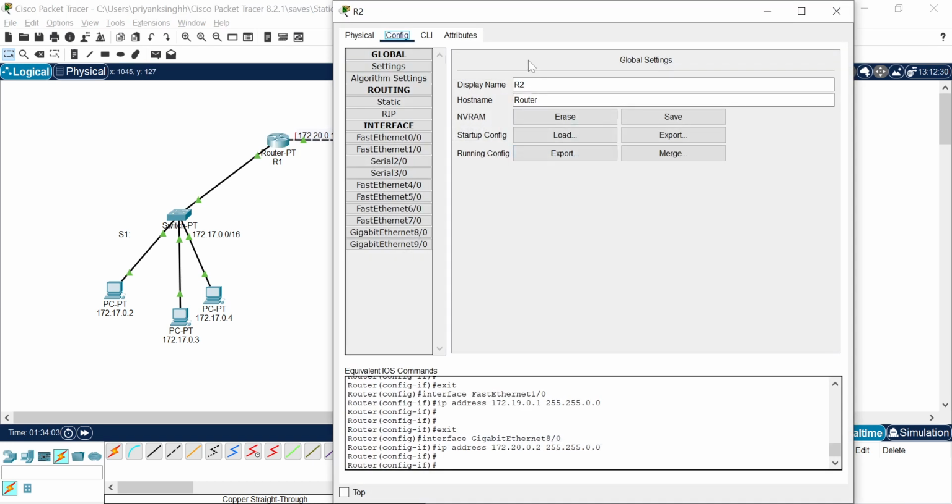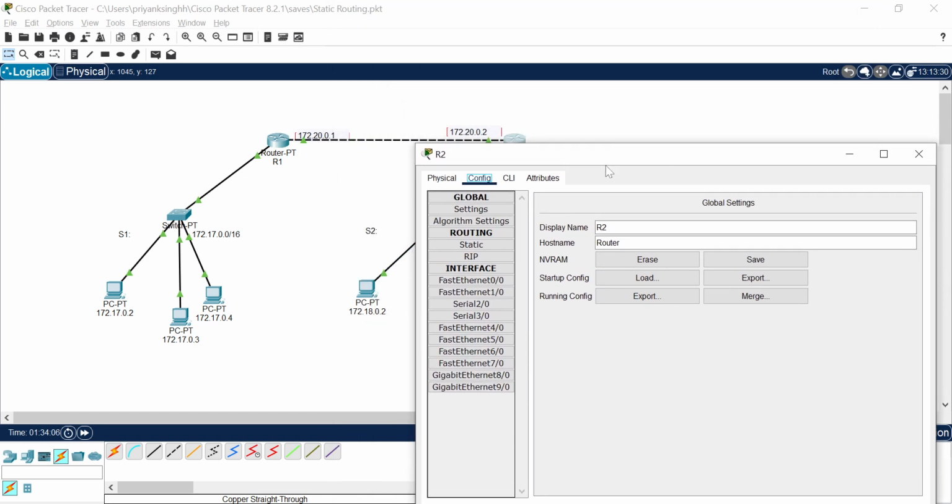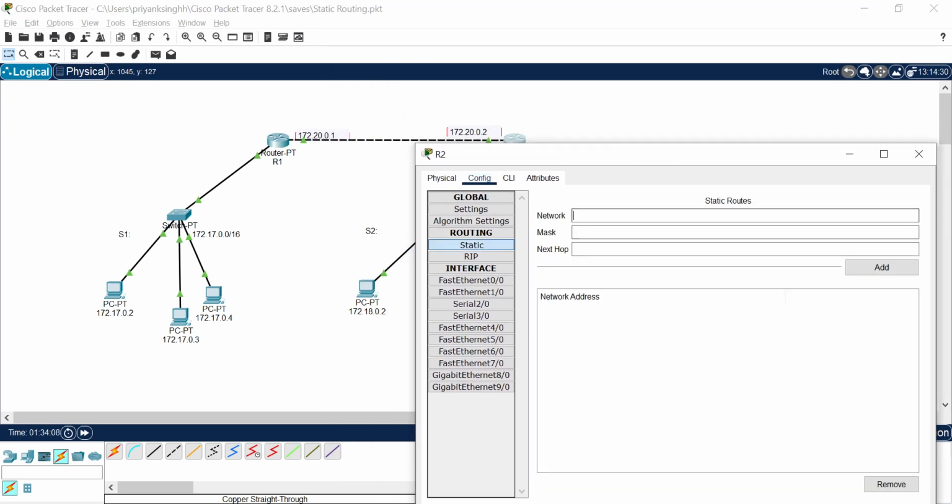So again, I click on static routing over here and enter the network ID of this network, that is 172.17.0.0, because this also belongs to class B, 255.255.0.0 as the subnet mask, and 172.20.0.1 as the next hop value.